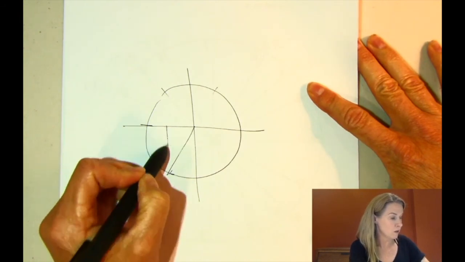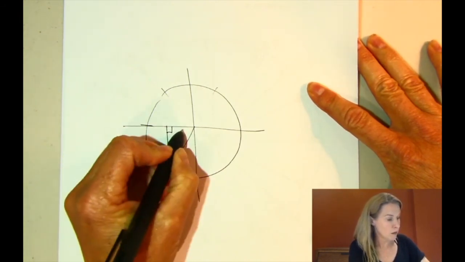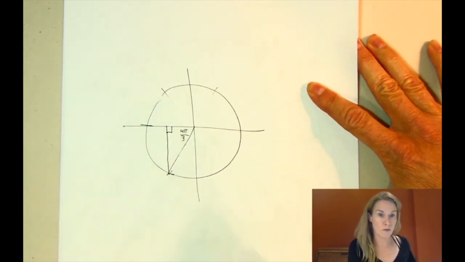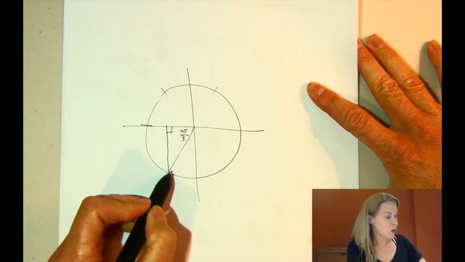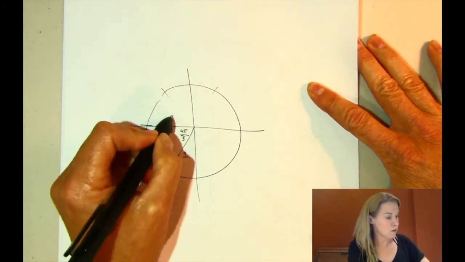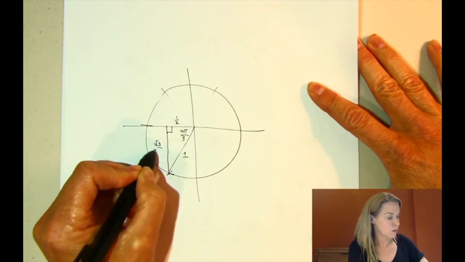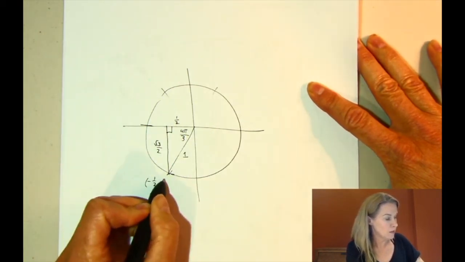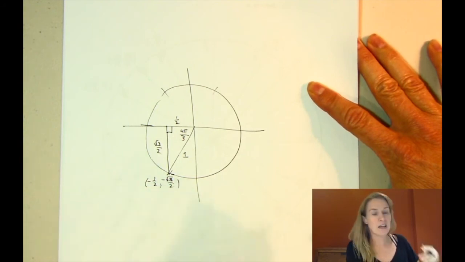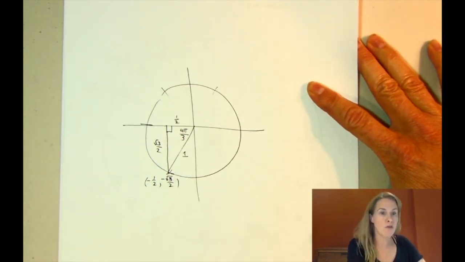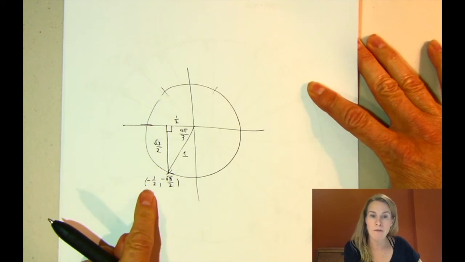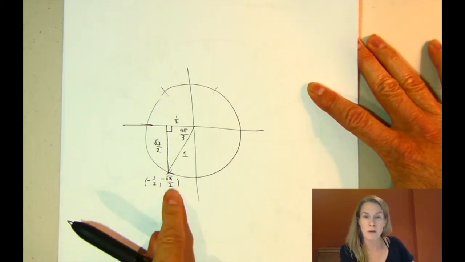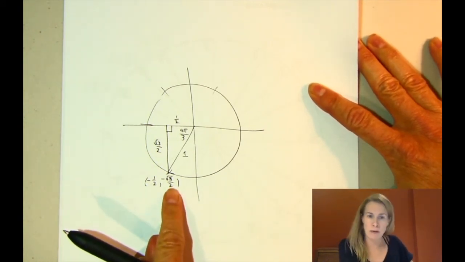That would be here. 4 pi over 3 is the full angle, and I know that this side is 1, this side is a half, this side is root 3 over 2, so I'm over and down, and I can figure out that the cosine of 4 pi over 3 is negative a half, and the sine of 4 pi over 3 is negative root 3 over 2.